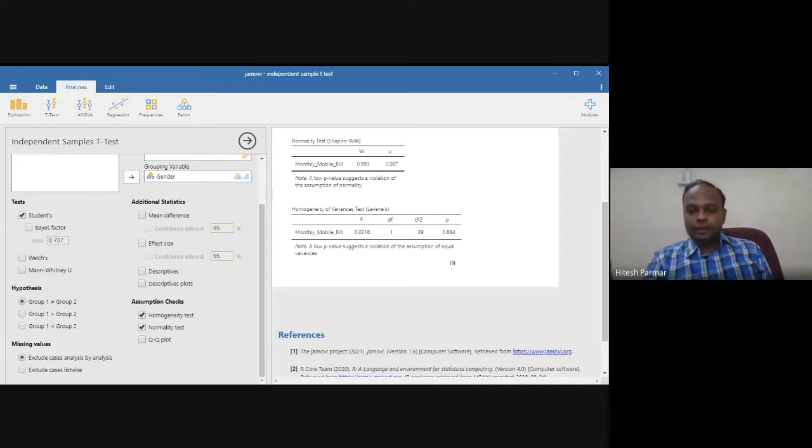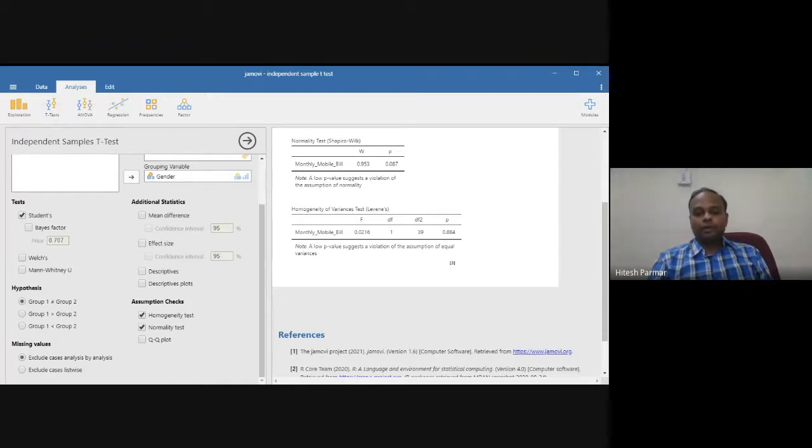So with respect to variability, your null hypothesis is that the significant difference is not present. Both groups are having equal variability. This is what our null hypothesis is.